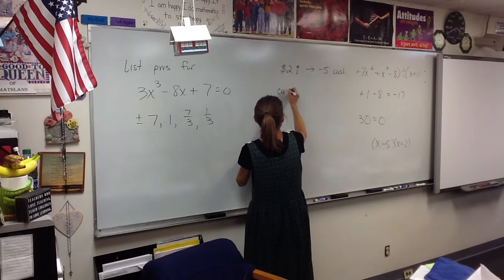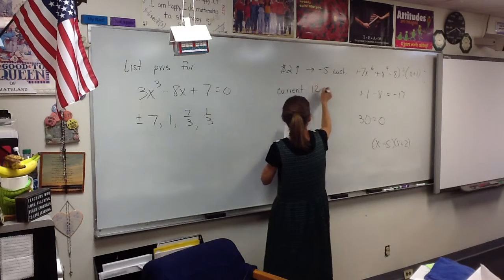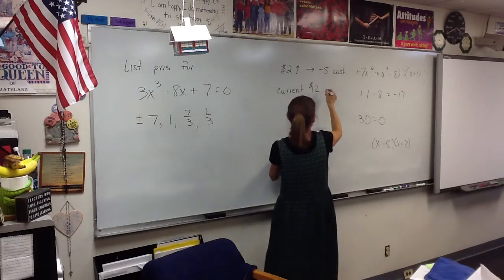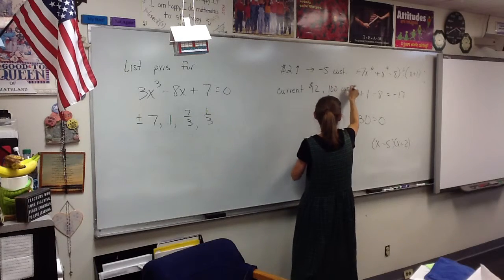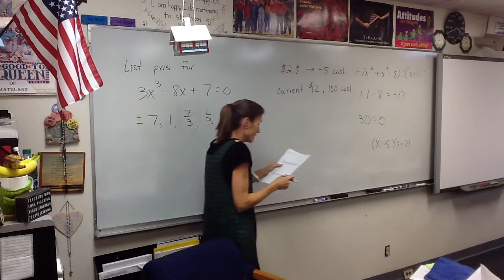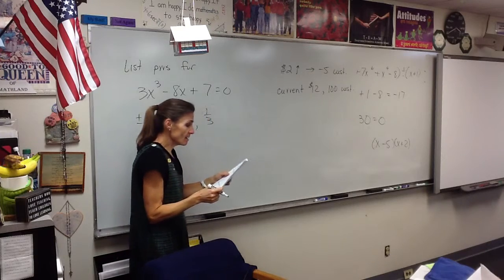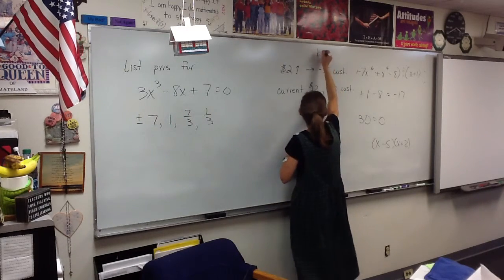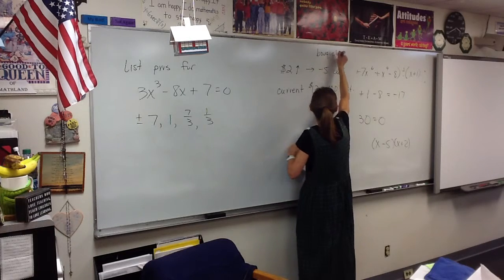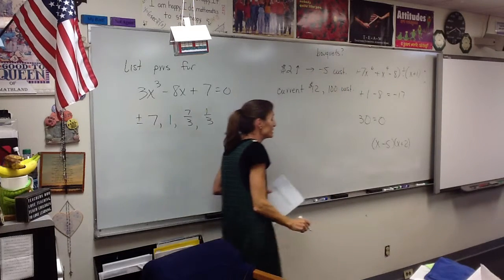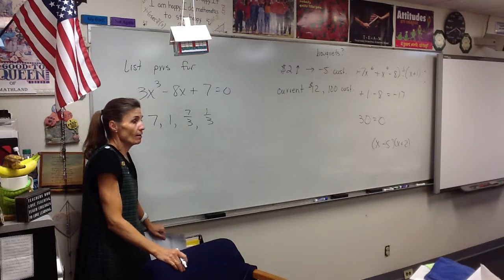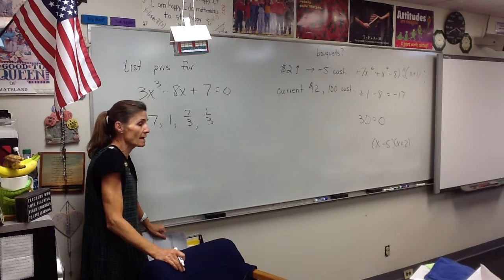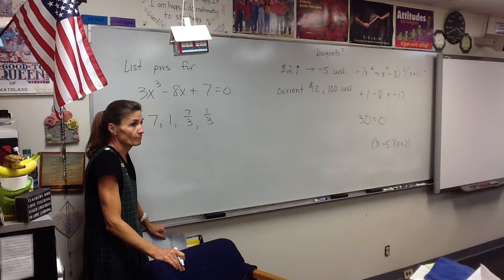The current price is $12 and 100 customers. Find the number of bouquets that she can expect to sell to maximize her income. So the question is, how many bouquets can she sell, or will she sell to maximize her income?